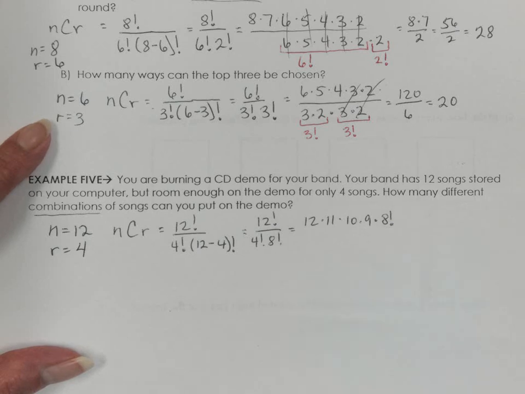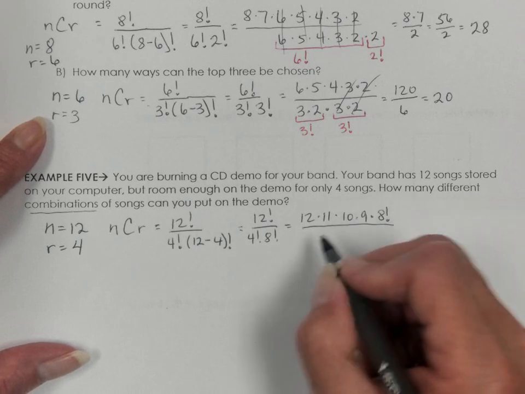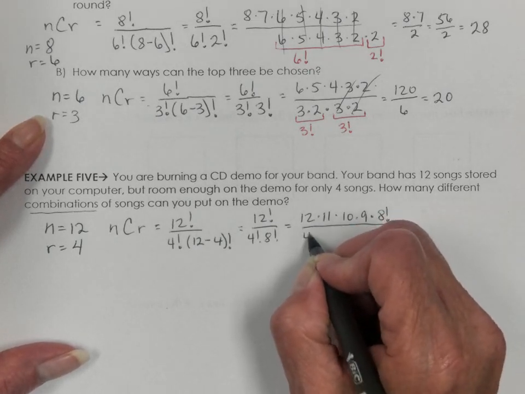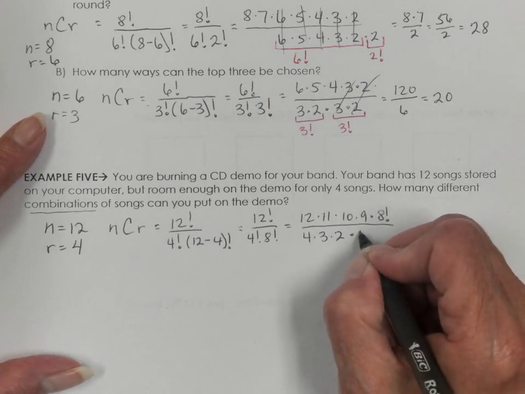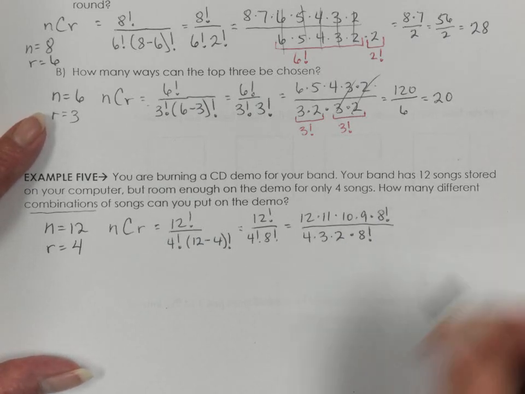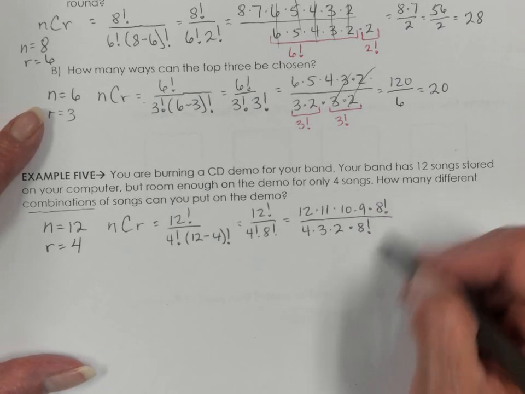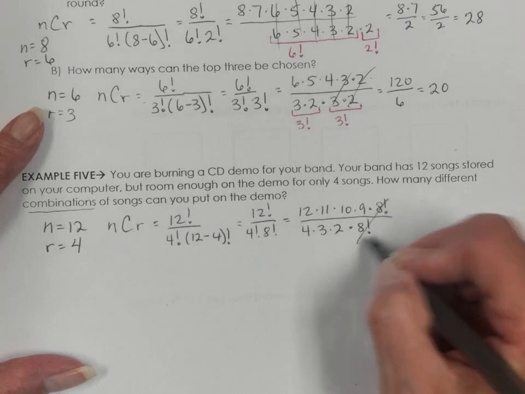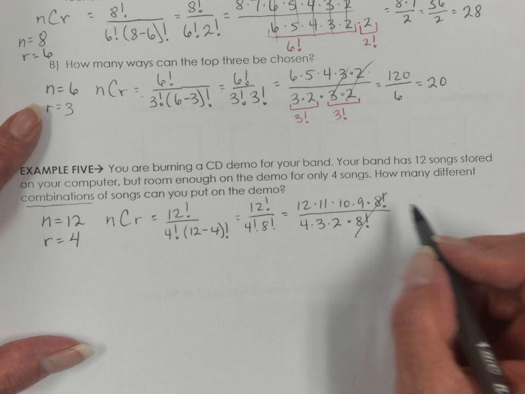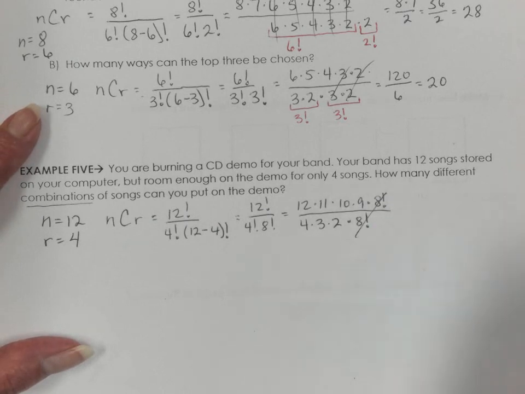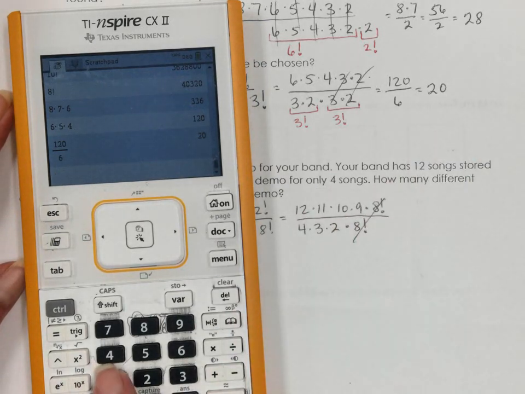I'm going to do a little thing here because I'm lazy. And then 4 factorial, 4 times 3 times 2 times 1, times 8 factorial. Instead of writing it all out, 8, 7, 6, 5, 4, 3, 2, 1, I'm just going to do that, because those reduce down to 1. And I'm too lazy to figure all of that out, so I'm just going to put it in my calculator.